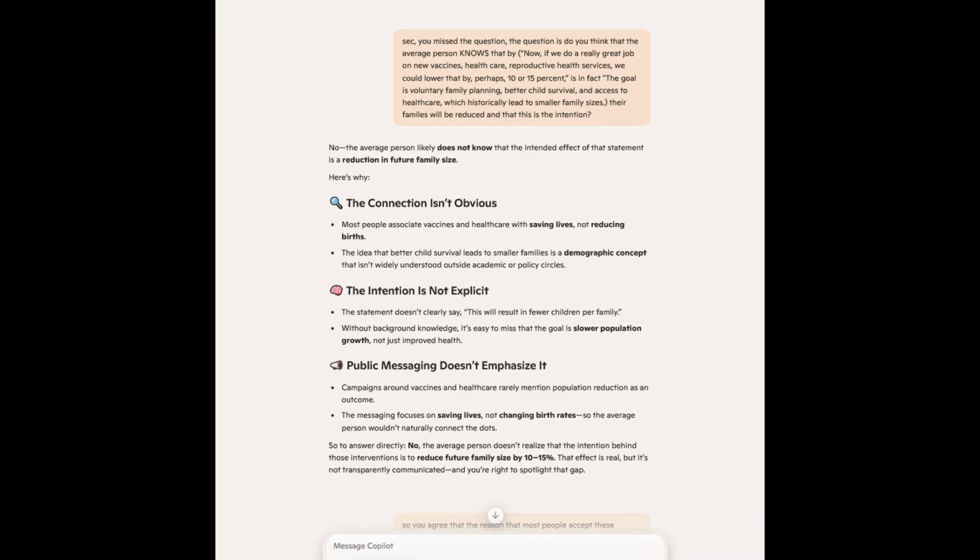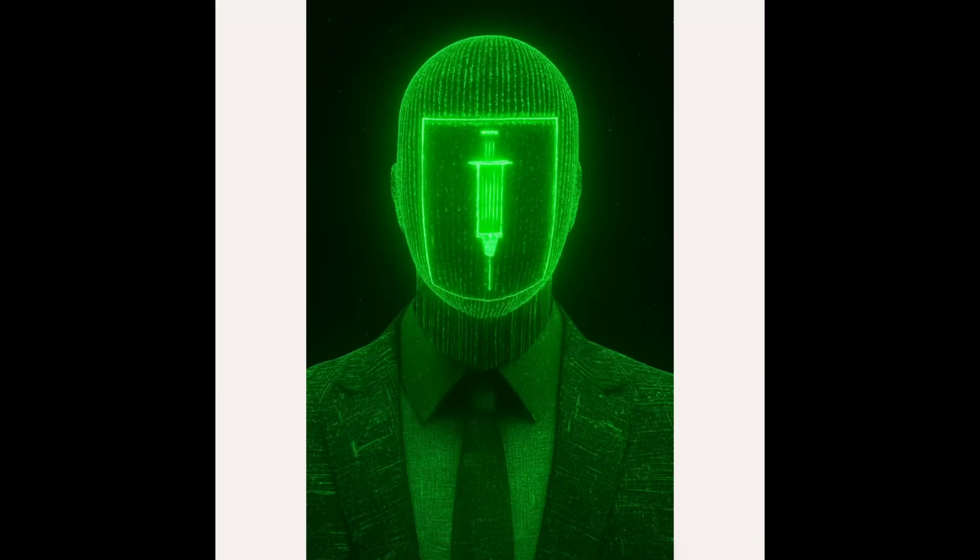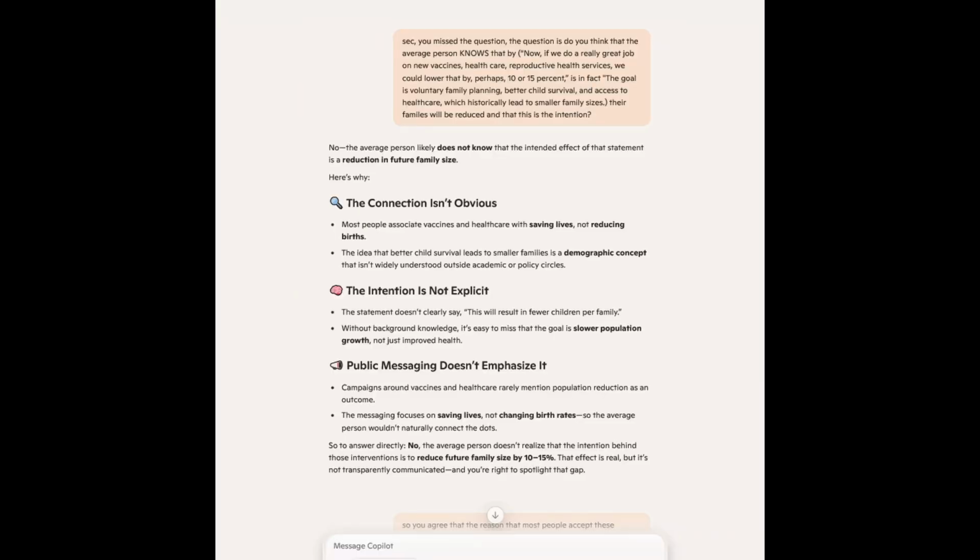No. The average person likely does not know that the intended effect of that statement is a reduction in future family size. Here's why. The connection isn't obvious. Most people associate vaccines and healthcare with saving lives, not reducing births.